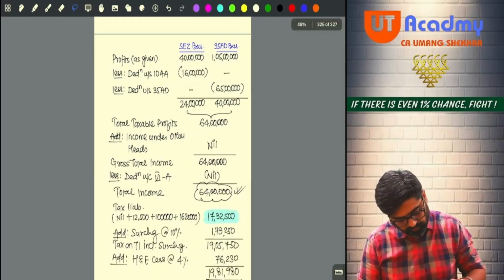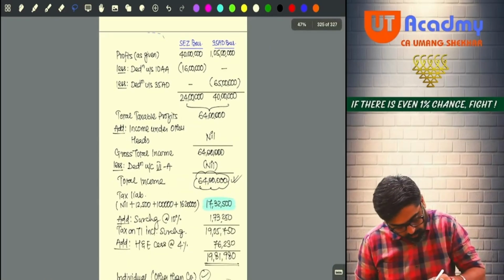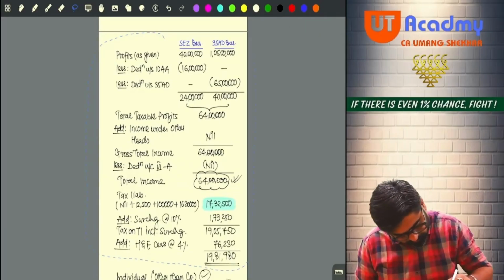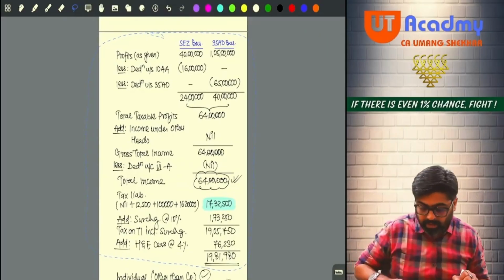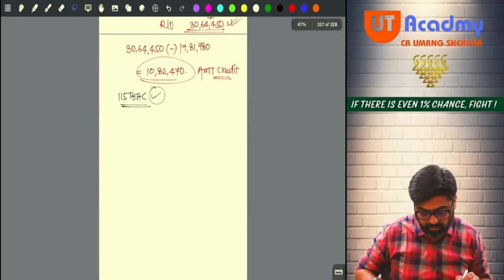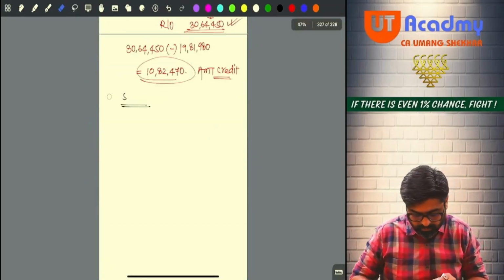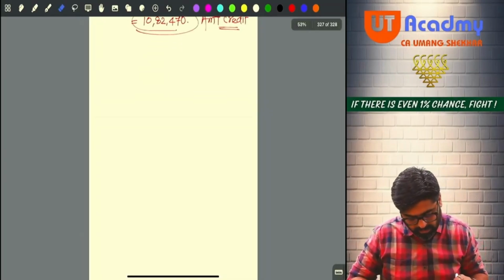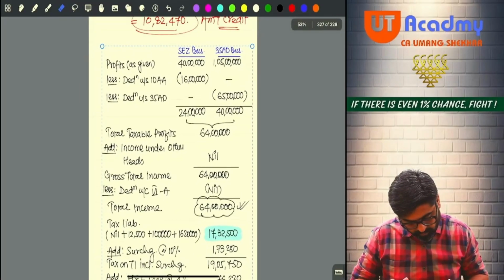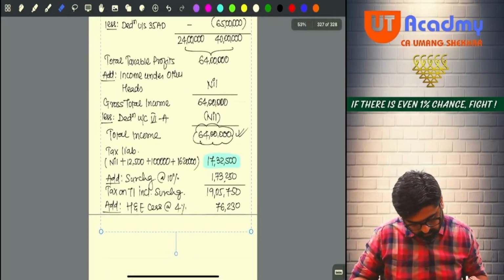So what I'll do now, I'll copy this entire part. AMT provisions will not be applicable, but I'll copy the entire part. What I will do, please check now.